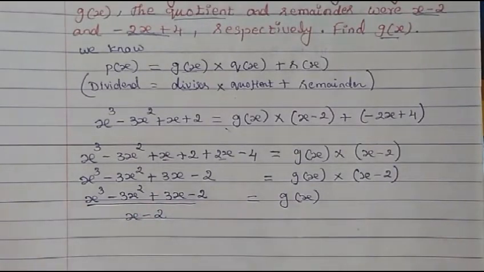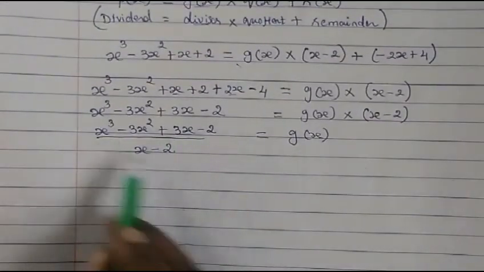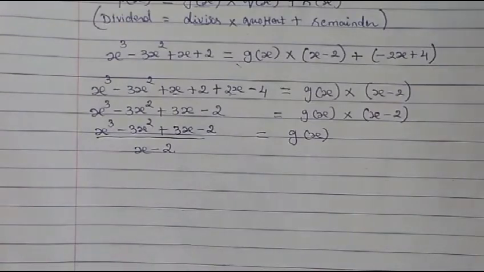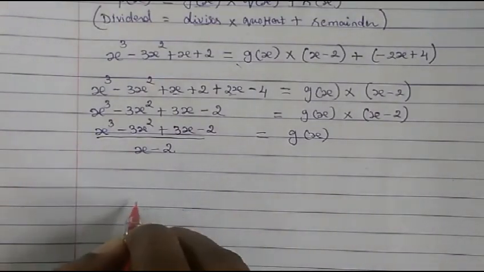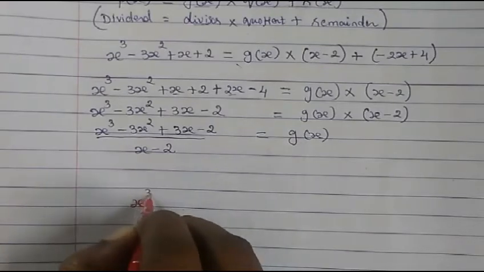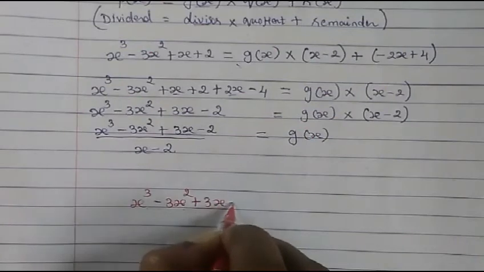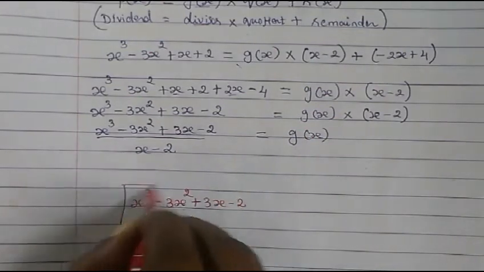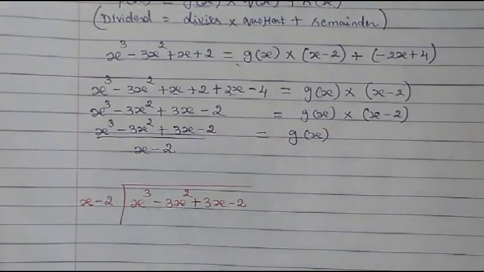To divide polynomials, we have to use the long division method. So let's write down here x cube minus 3x square plus 3x minus 2. We have to divide by x minus 2. So let's do the division now.